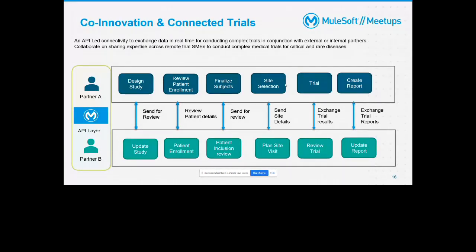MuleSoft is doing this kind of API-led connectivity in many other industry verticals. Bank is an example, right? We have created banking as a service for many banks, where banks collaborate with their partners to create financial products, and they are creating a business model and selling that model.